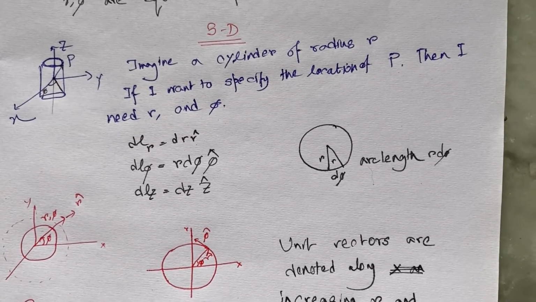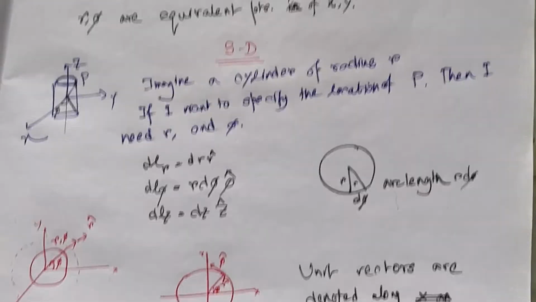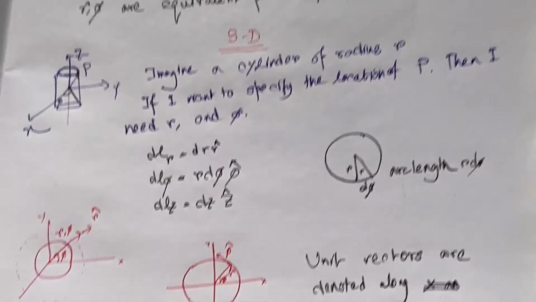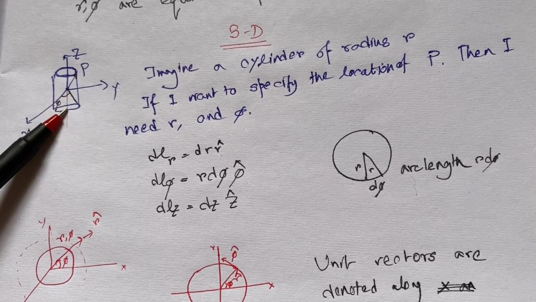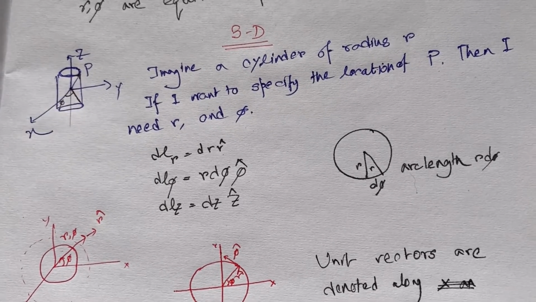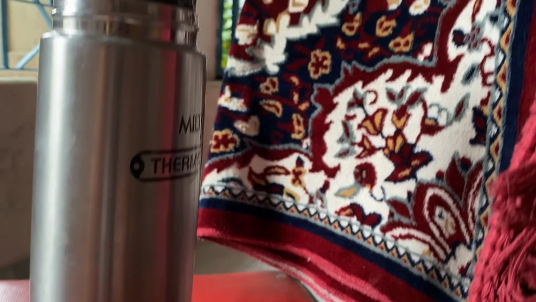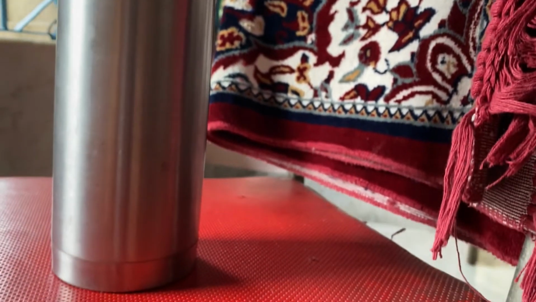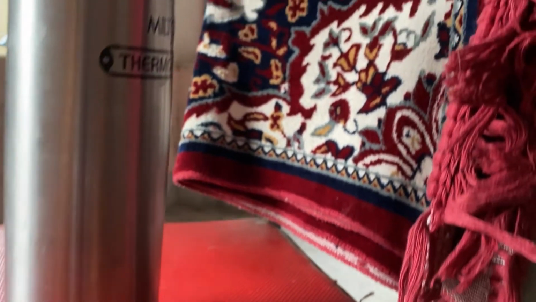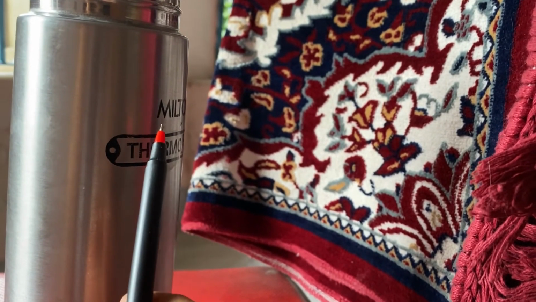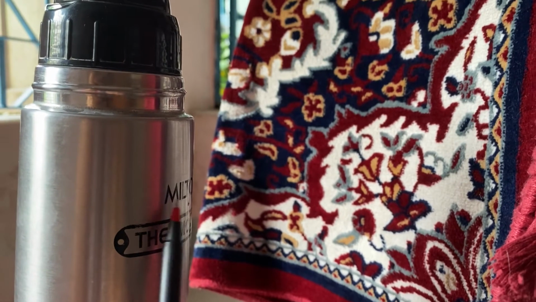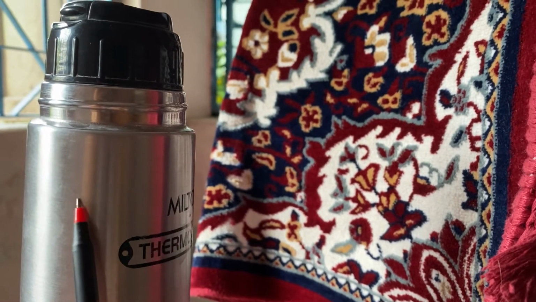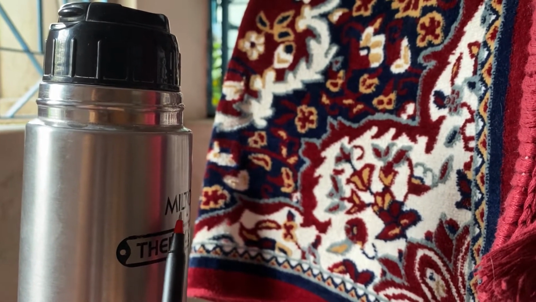Now, if we want to specify a point in 3 dimensions, this is in 2D. In 3D, what will happen? Suppose I have a cylinder, and I want to specify a point on the surface of the cylinder. Suppose this is a water bottle and the shape of this is a cylinder. I want to specify the location of this letter M. So I need to specify how I reach M. First I need to know the radius of the cylinder.